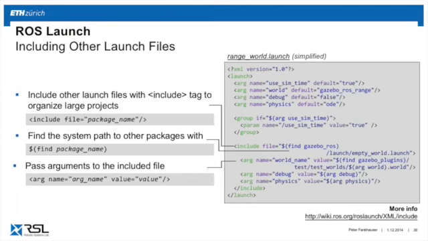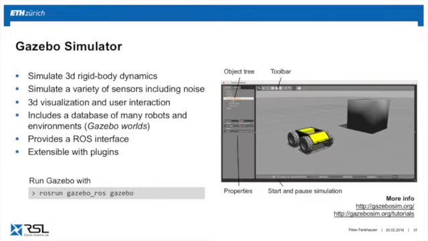Now, one of the elements that we'll play around with is the Gazebo simulator. It's a 3D simulator for rigid body dynamics, and you can include robots, objects, etc. You can also simulate sensors. We'll see that in a second. So this Husky can carry a laser sensor, for example.